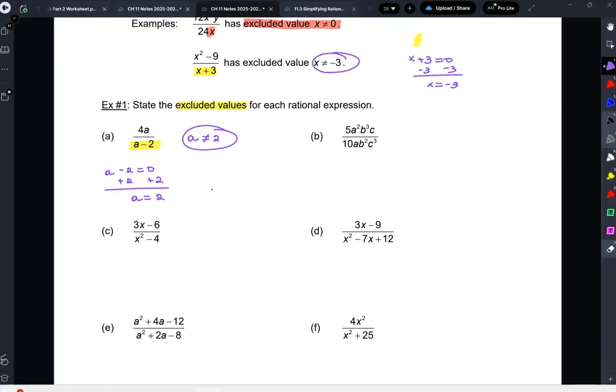Look at this one. Look at the denominator here. How many terms are in this denominator? 1. This is a monomial. When it's a monomial, all you have to do is just say each variable can't equal 0.